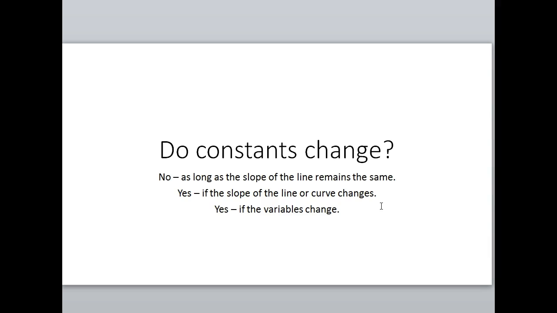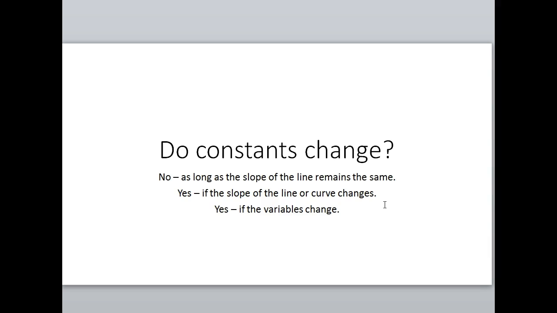However, if you change the variables, let's say instead of x and y, the variables are now s and p. That is like changing it from velocity versus time to population over time, or population over some other factor.